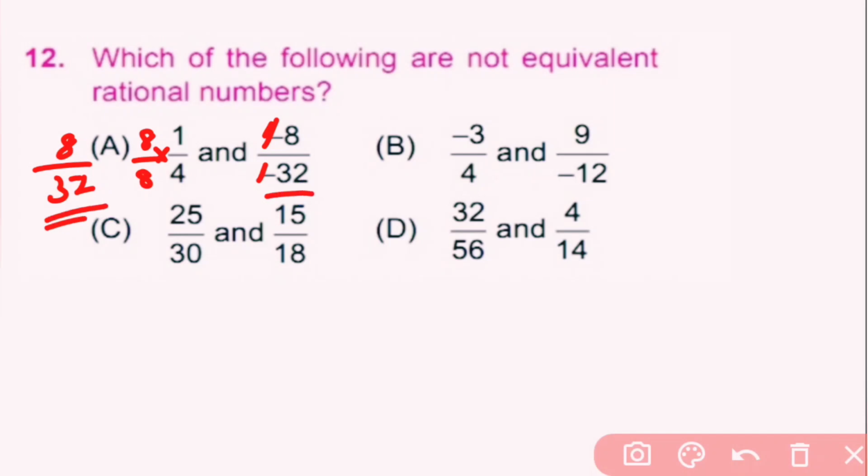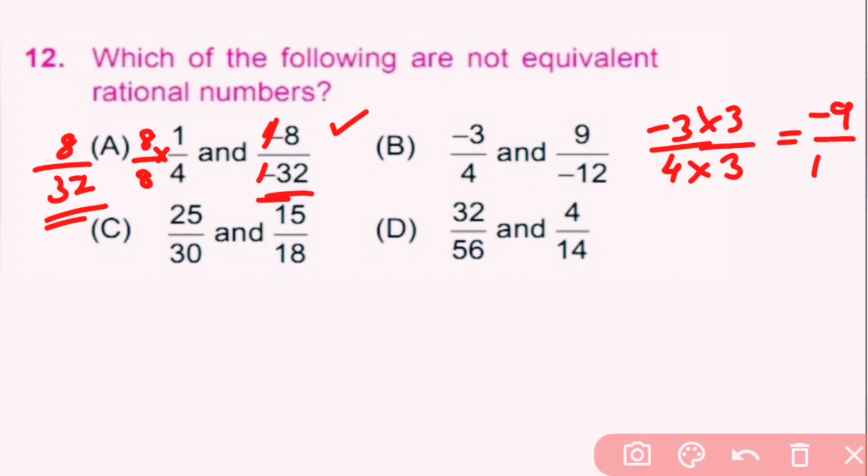So these both are equal, so they are equivalent. Option B, if minus 3 by 4, here both numerator and denominator we multiply with 3, then here minus 9 by 12 and these both are equal. So these are equivalent.